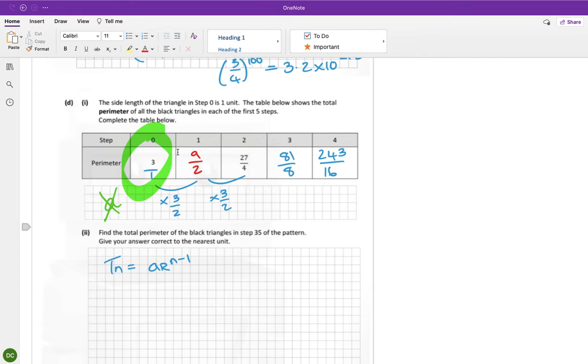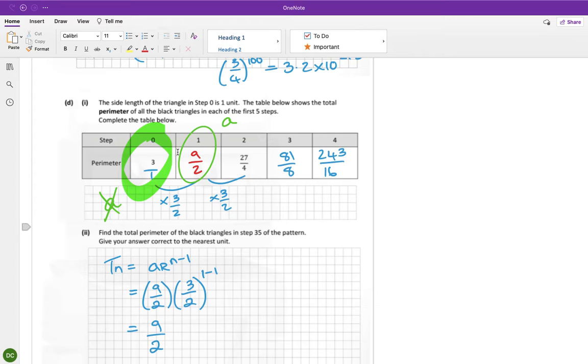I have to use step 1 as my a. So just be careful because that formula has to be step 1. So it's 9 over 2 by 3 over 2 to the power of... does that make sense? Let's see, to the power of 1 minus 1. So that's just going to be 9 over 2.